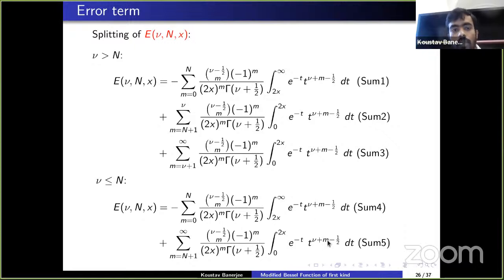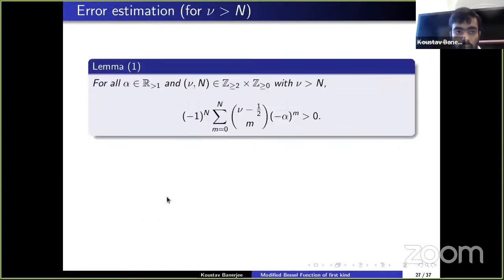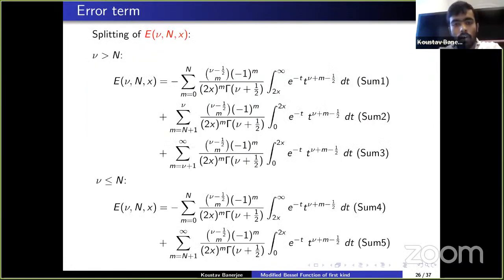So now I will first state my structure to prove the case nu strictly greater than n, and my structure for the proof when nu is less or equal to n. For nu strictly greater than n, if I take this sum and swap the integral and the sum, then I can see that nu minus half binomial m times minus 1 to the power m, and t to the power m is there.